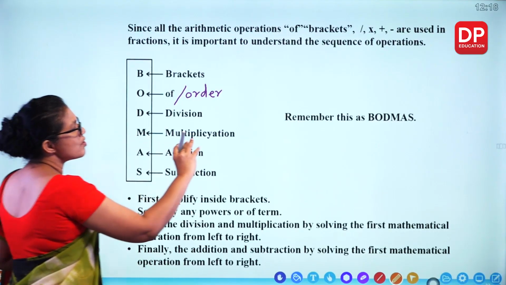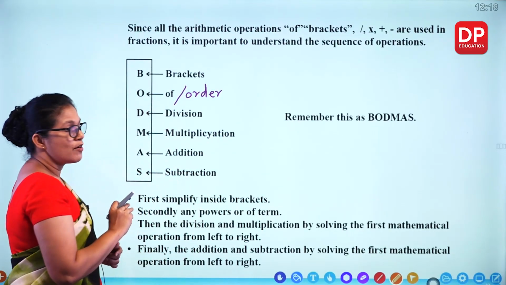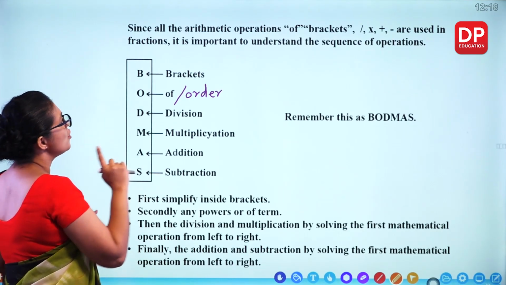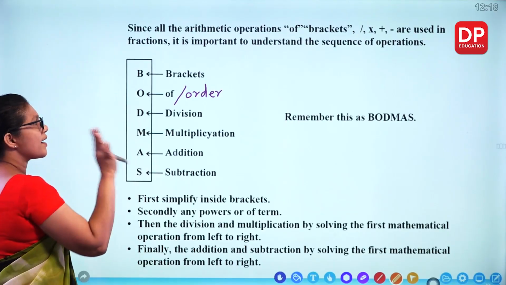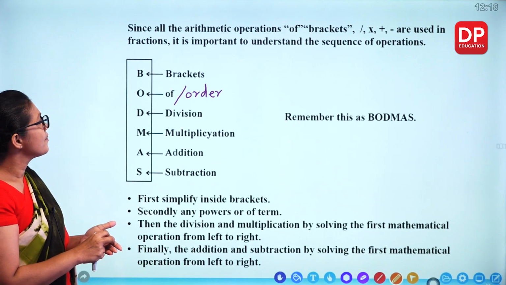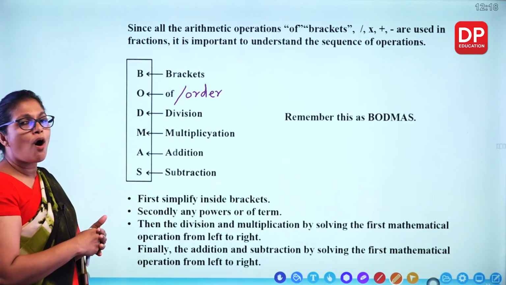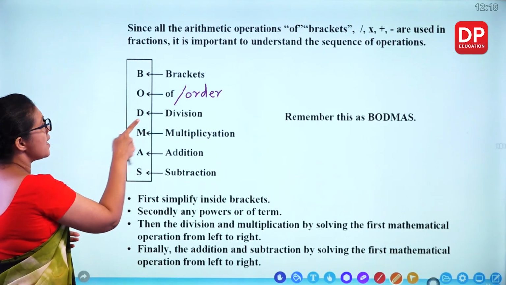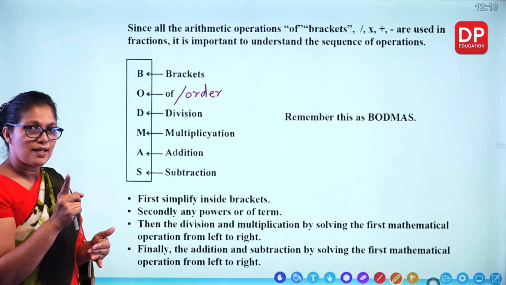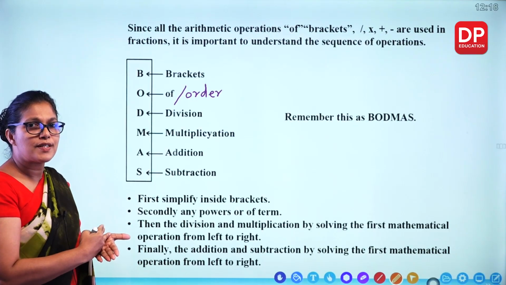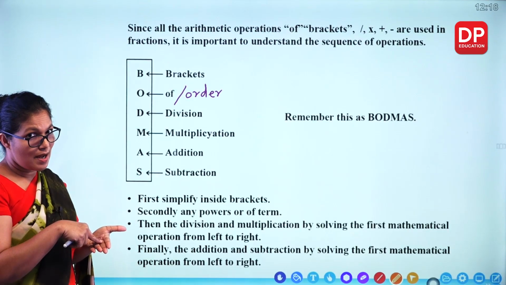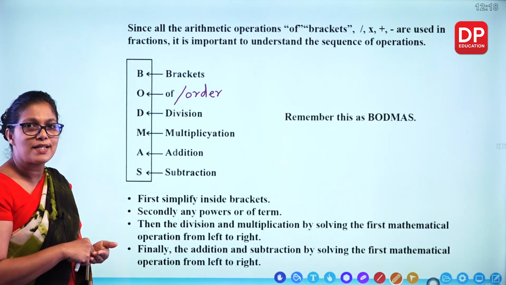So when you get a question, you have to start from the left hand side. Whatever comes first, you do the operation. If you get brackets first, you have to simplify the brackets. When you get a power or of, you have to do that. But when it comes to division and multiplication, you can do whatever comes first. If division comes first, you can do that. If multiplication comes first, you have to do the multiplication.